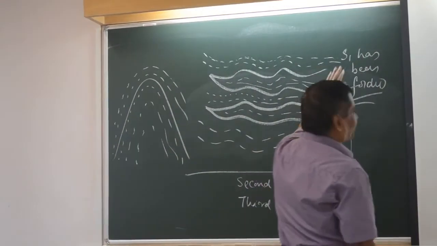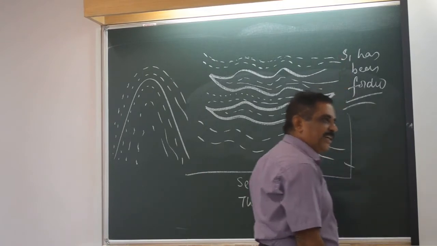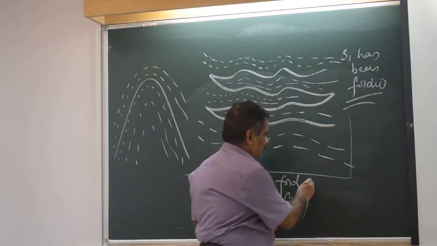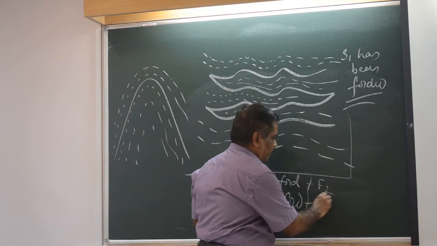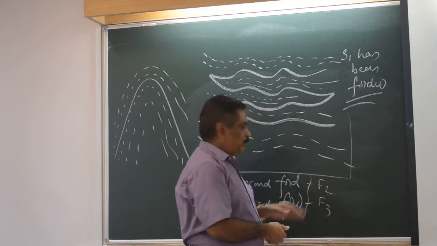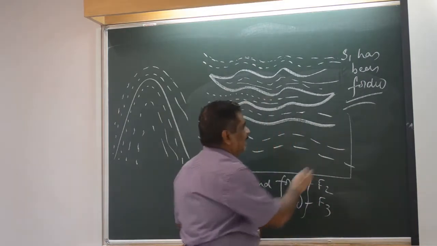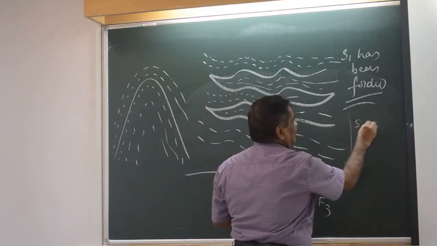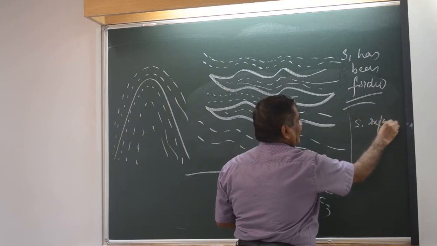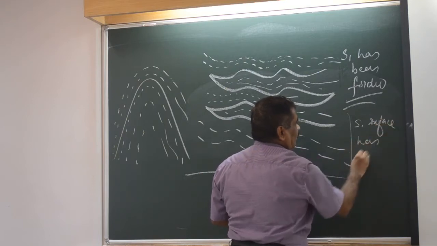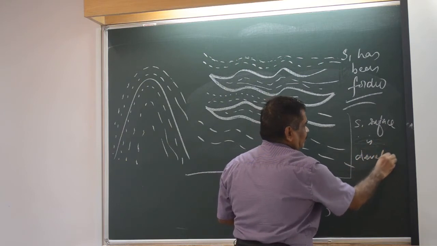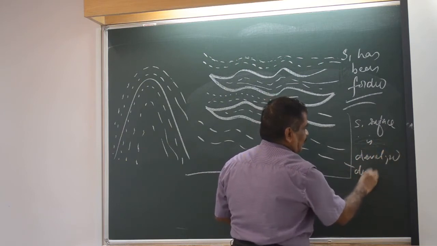The S1 surface is folded. It could be a second fold. It could be a third fold. So it means this S1 surface has developed, or is developing, during the F1 fold.